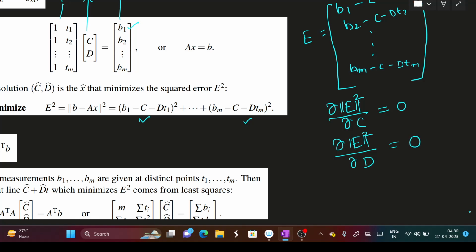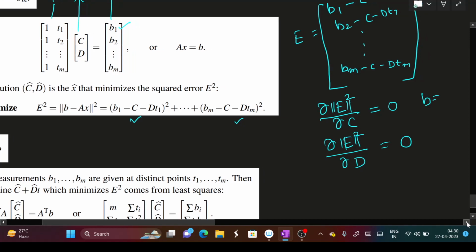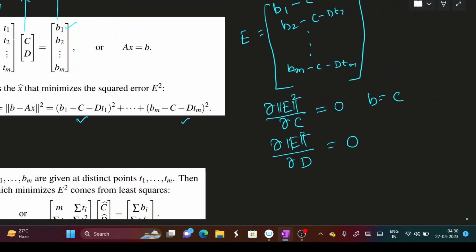From these two equations we find C and D and substitute them in B equal to C plus Dt, to get our best fit straight line to the given data. This is the calculus method.